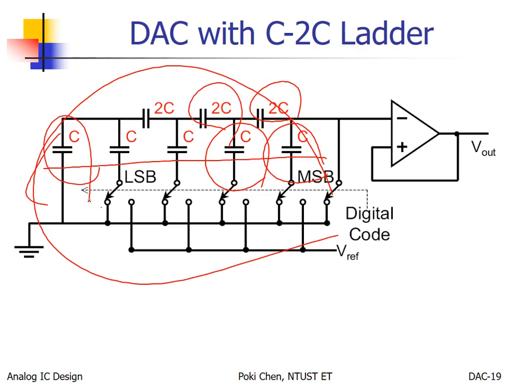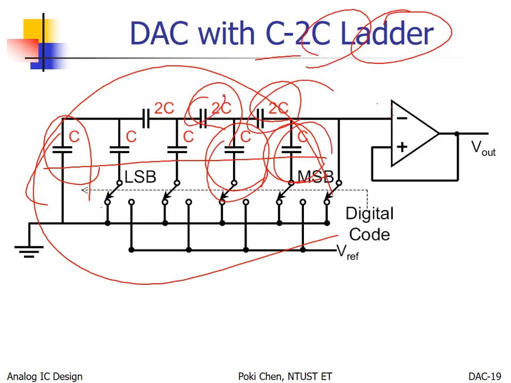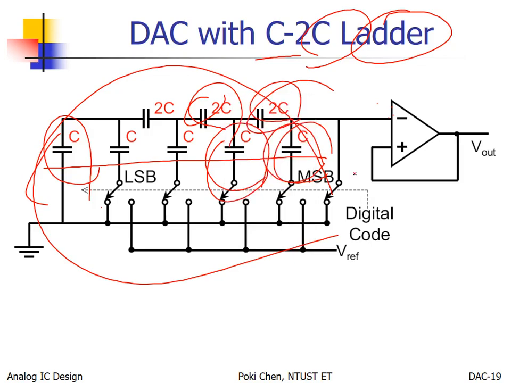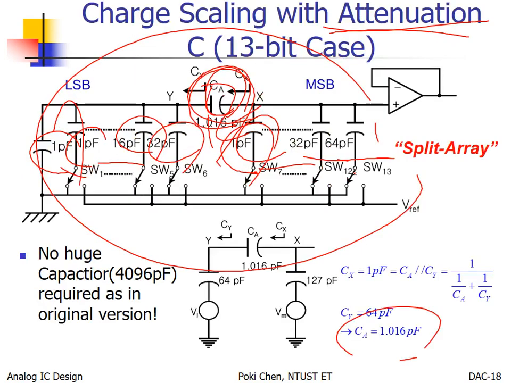That is the maximum attenuation structure you can have for capacitors, and we call it C-2C ladder. You have only one C, two C, one C, two C. Whoa. But I need to warn you. With only one attenuation capacitor, you get trouble enough.